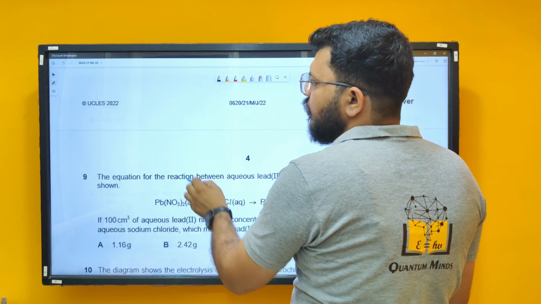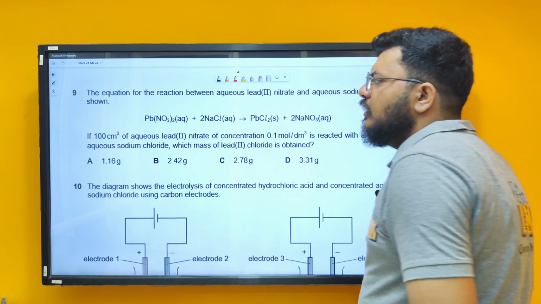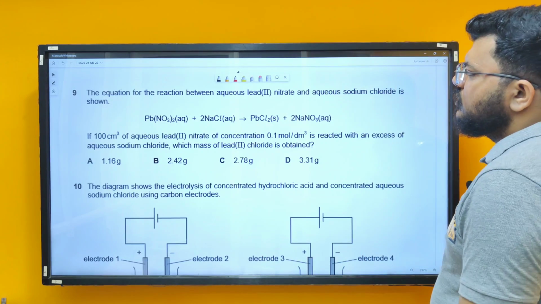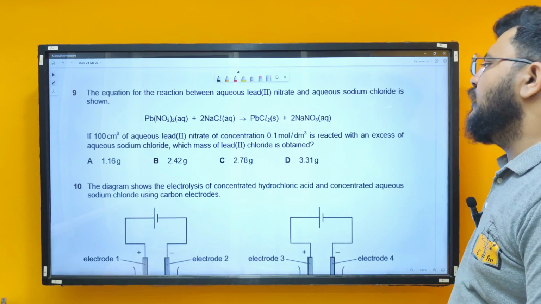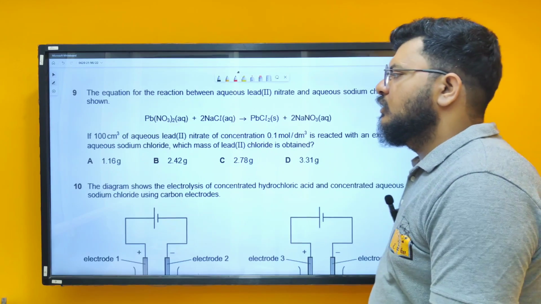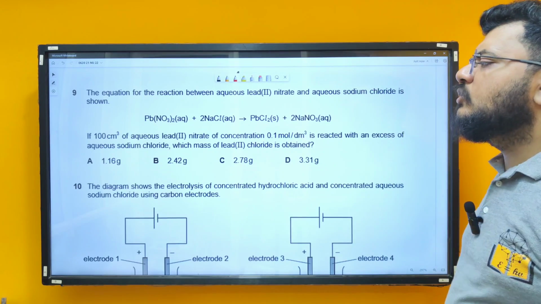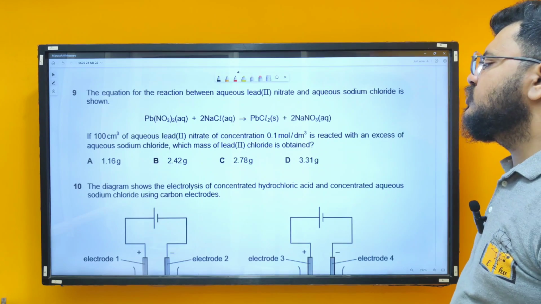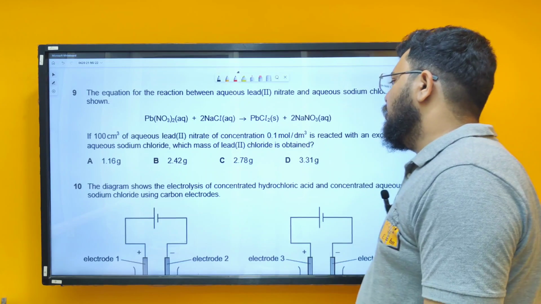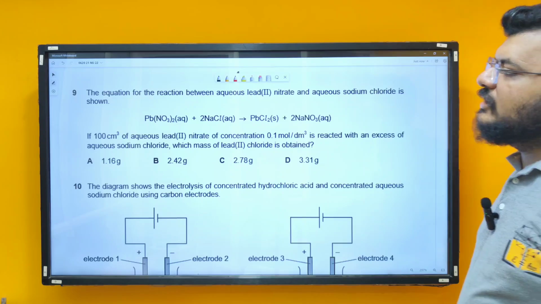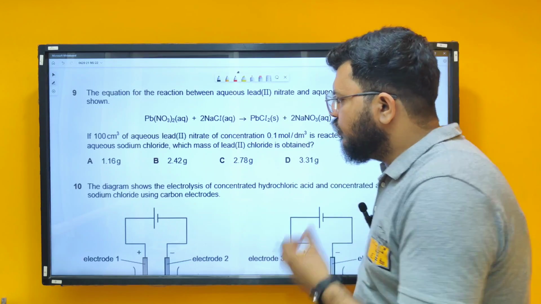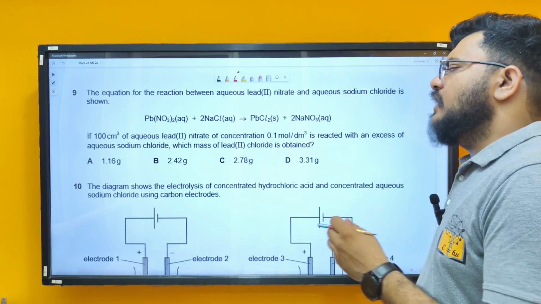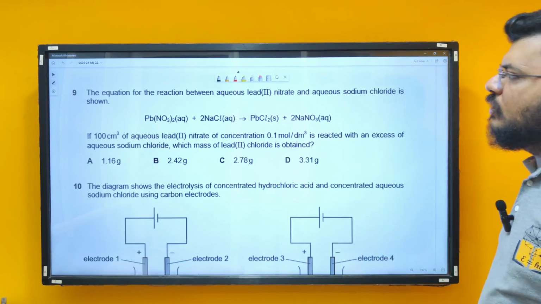Then we have question number 9. The equation for the reaction between aqueous lead nitrate and aqueous sodium chloride is shown. If 100 cm cube of aqueous lead nitrate of concentration 0.1 mole per dm cube is reacted with excess aqueous sodium chloride, what mass of lead chloride is obtained?